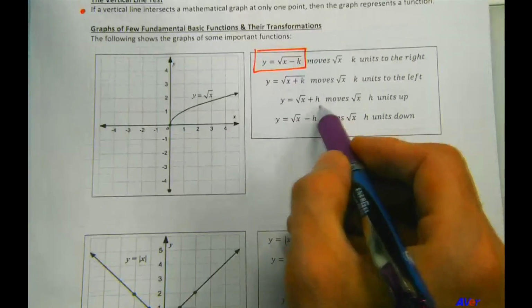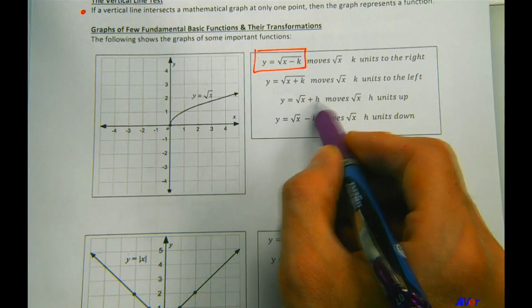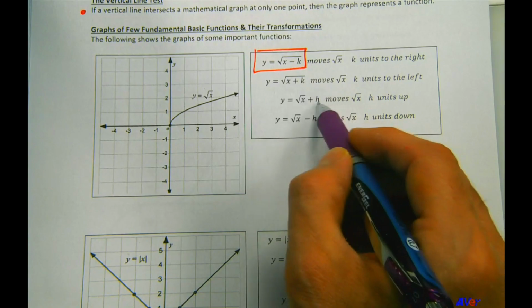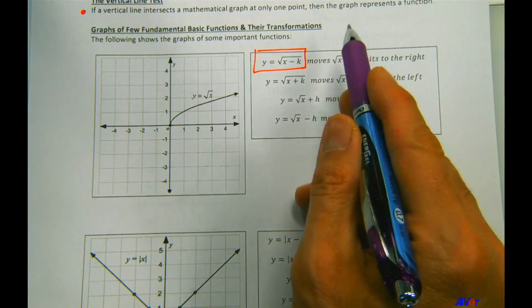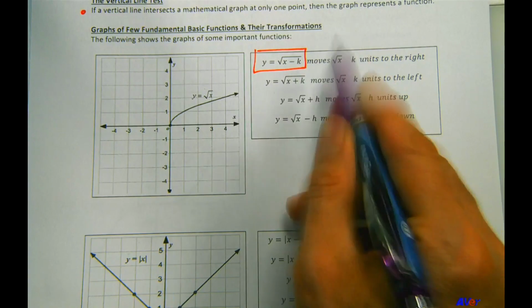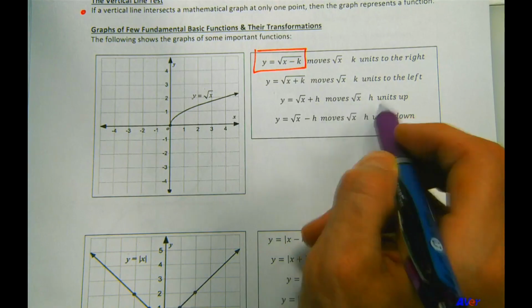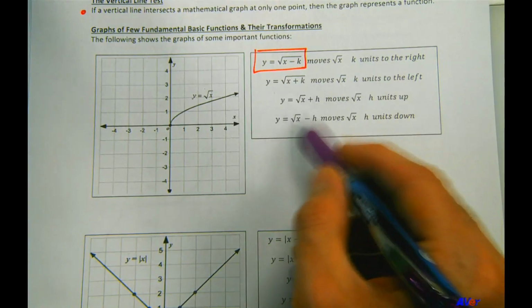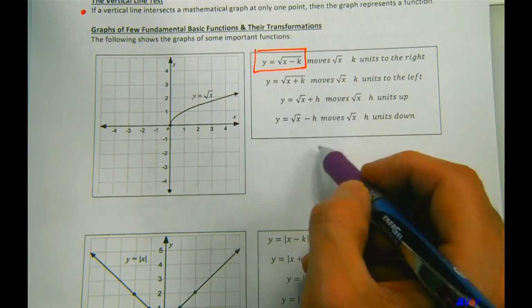If you have the original function plus some h outside of the square root, not inside like k, but outside, that indicates vertical movement up. So plus h represents moving the original square root of x function h units up, and minus h represents moving the square root of x function h units down.